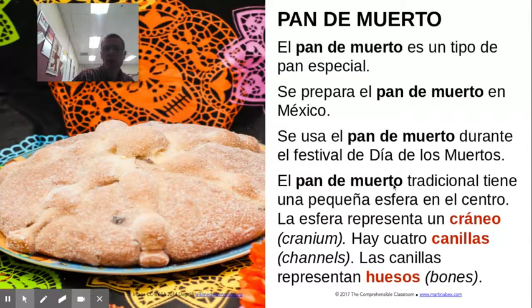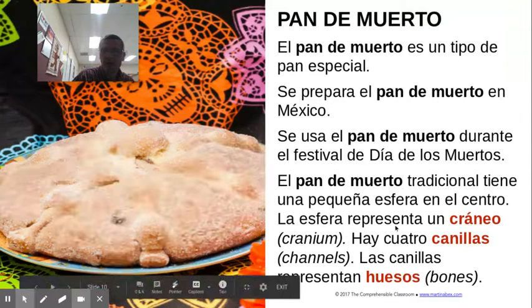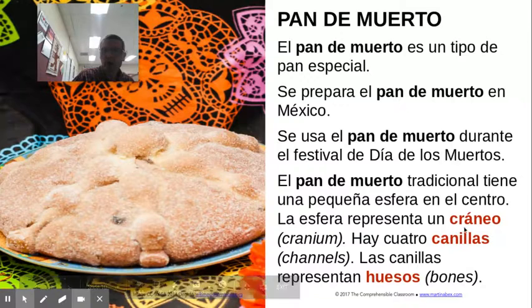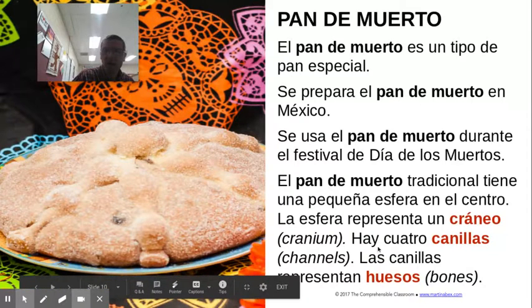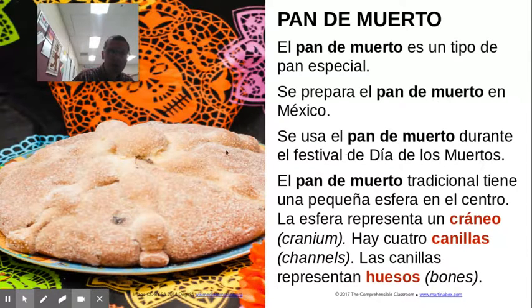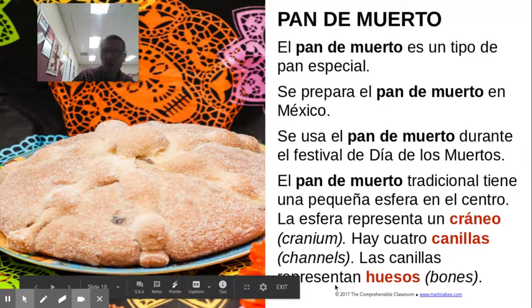El pan de muerto tradicional tiene una pequeña esfera en el centro. Esfera, right here. La esfera representa un cráneo. Hay cuatro canillas. Las canillas representan huesos.